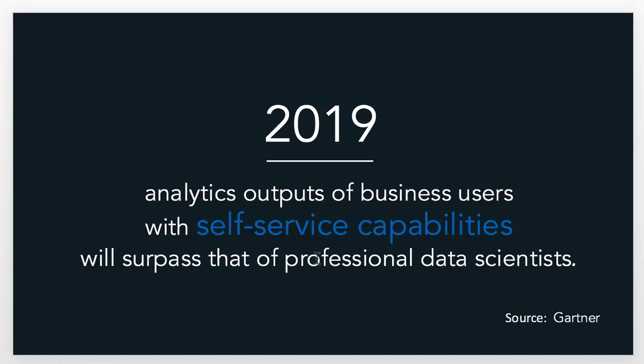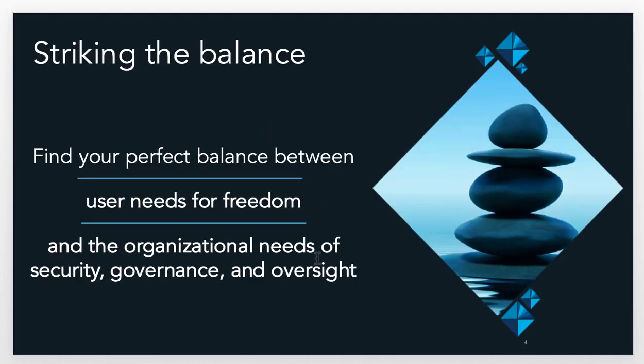What again this is saying is for the first time, we're going to see power users producing more analytic output than that created by data scientists, report developers, or IT folks. So we need to do this now. We need to immediately start giving our Maximo power users the tools for them to successfully create their own content.